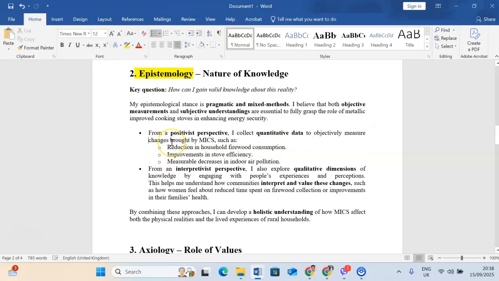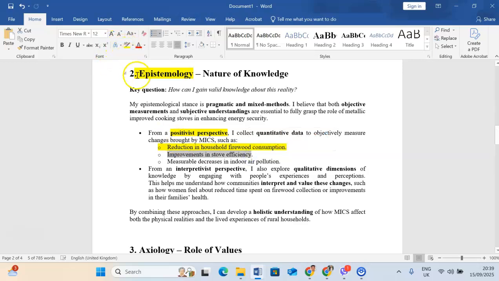From a positivist perspective, now there are two perspectives. First one is positivist perspective. From this positivist perspective, I collect quantitative data to objectively measure changes brought about by metallic improved cooking stoves, such as reduction in household firewood consumption that can be measured, right? Likewise, improvement in the stove efficiency.